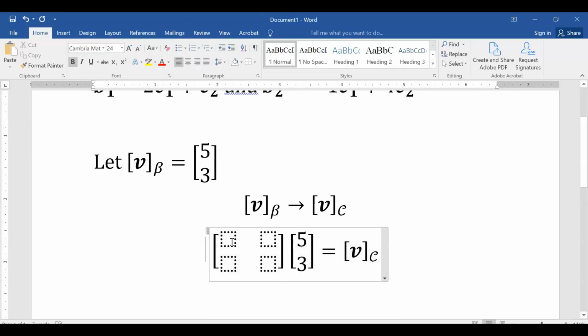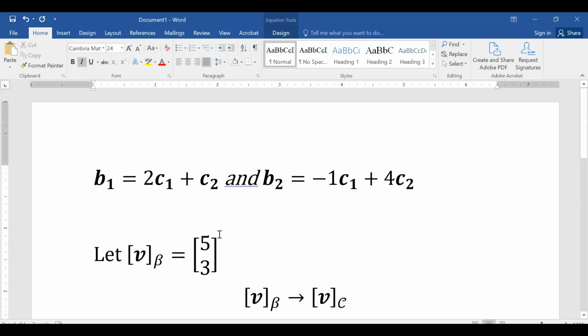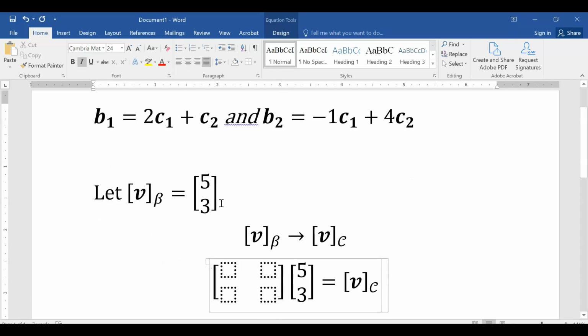Now, if you think about what those coefficients had to do from before, well, 2 times C1 plus 1 times C2, let me reset. I would have had to multiply the 5 times this, and then add the 3 times this.